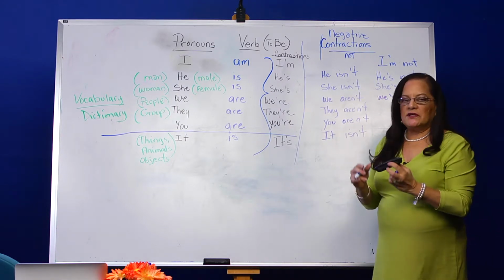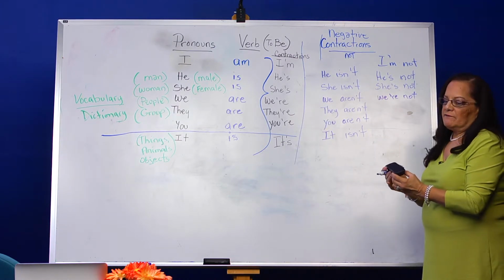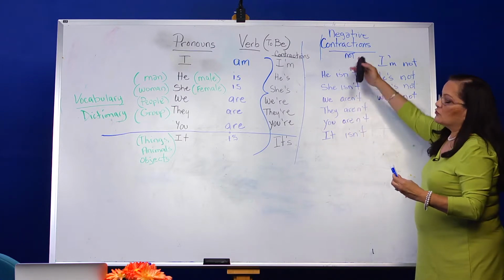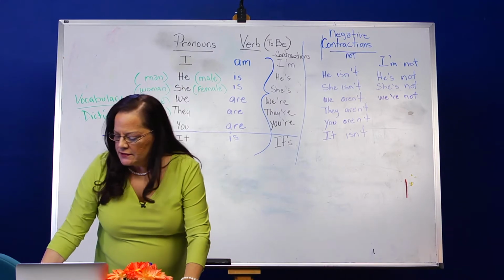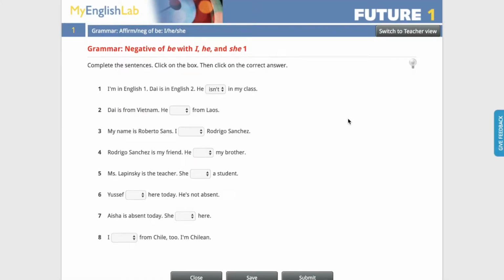So those are some of the areas that we're going to work on and make complete sentences out of the contractions, not the negative. So let's get back and look at the next one. Dai is from Vietnam.